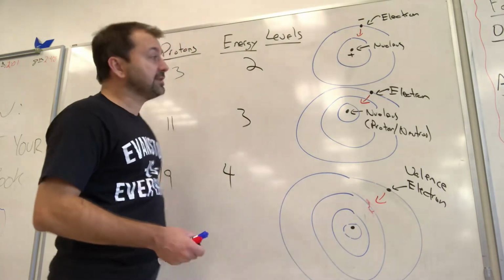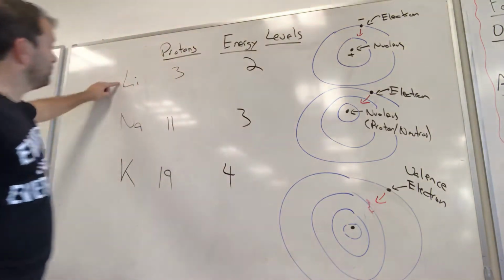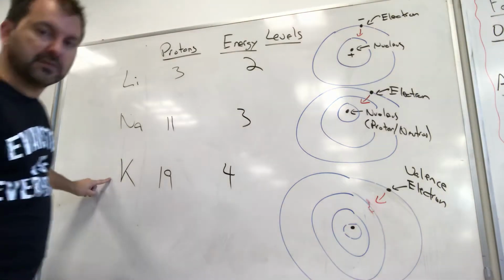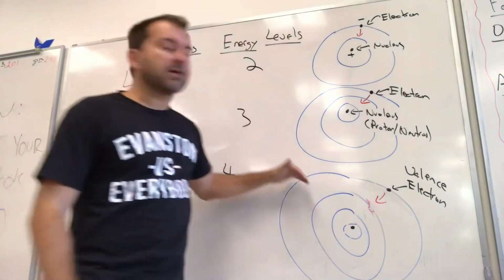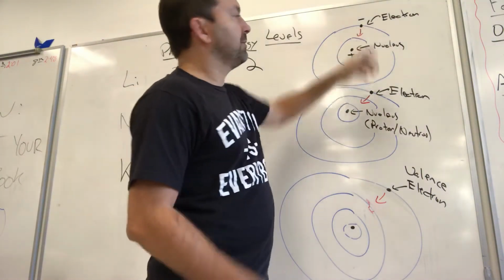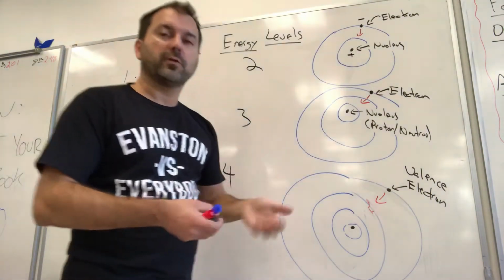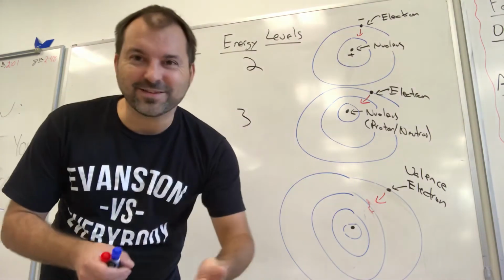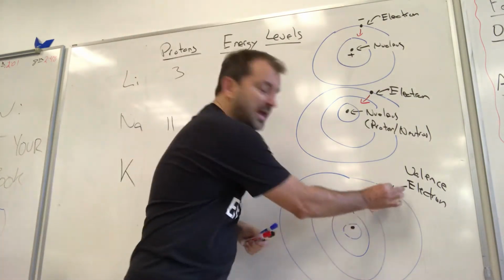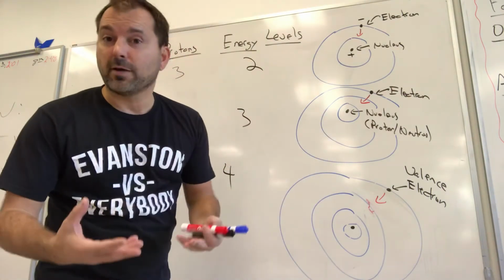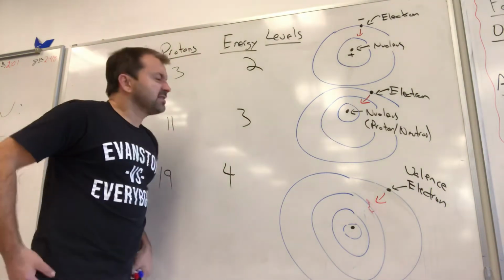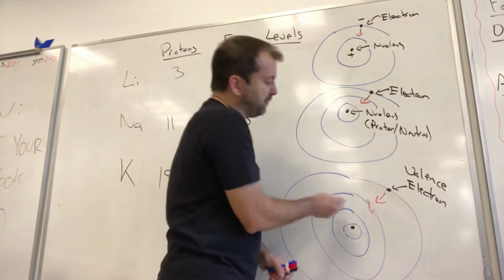And so what we see is as you go down a family, and so if you find these three, lithium, sodium, and potassium, you'll see they're in the same family. As you go down a family, the force that's holding the electrons gets weaker and weaker and weaker, which means, and we're going to see this in a demo, that if I want to come and take this electron, which one would it be easiest for me? If I was a water molecule, because we're going to do a demo with water today, which one would it be easiest for me to take?